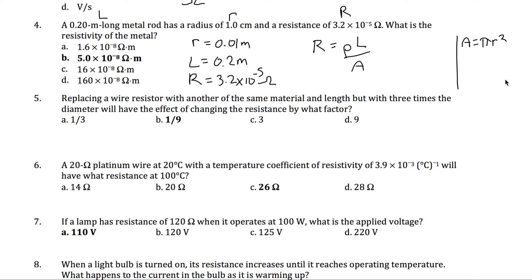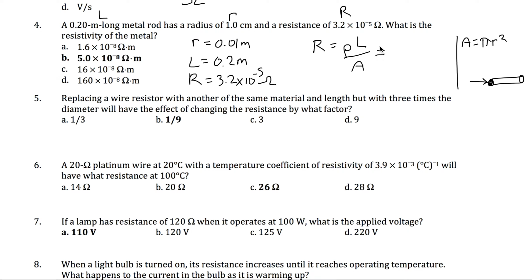Whenever we're talking about a wire, we're talking about a cylindrical wire, and the charges are flowing through this way, and they're flowing through this area, which is always going to be a circle. So pi r squared is the area of a circle. So you do need to multiply pi times 0.01 squared to get your area first.